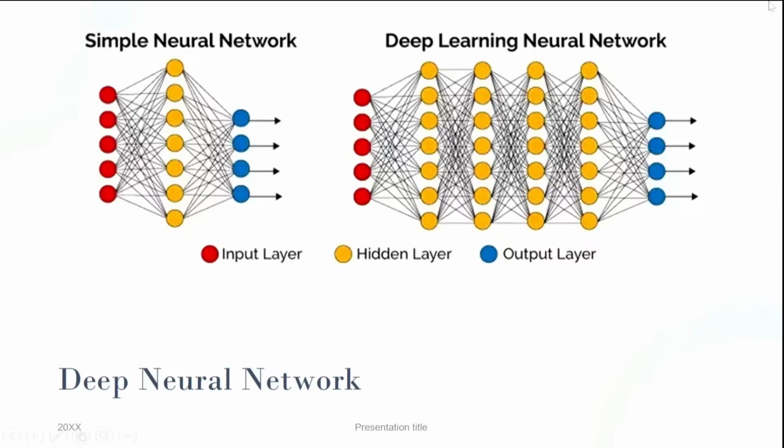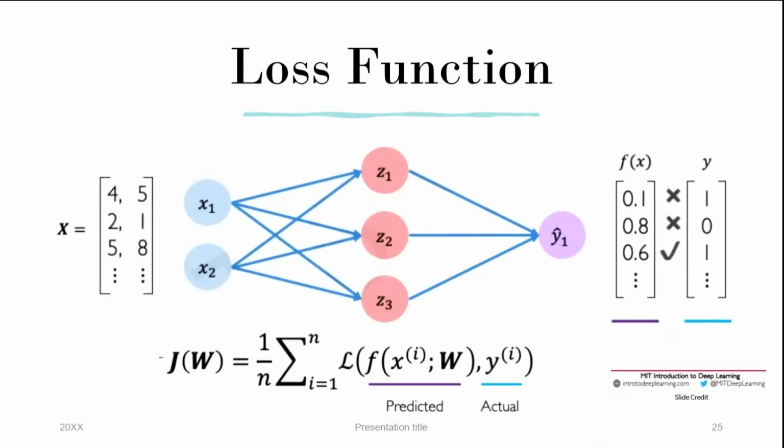These are the anatomy: the red shown here is the input layer, where we give the inputs, and these are multiple hidden layers. If the output of the previous layer goes to every neuron in the next layer, we call it a fully connected layer. This particular deep neural network has one input layer, 4 hidden layers, and an output layer producing 4 outputs.